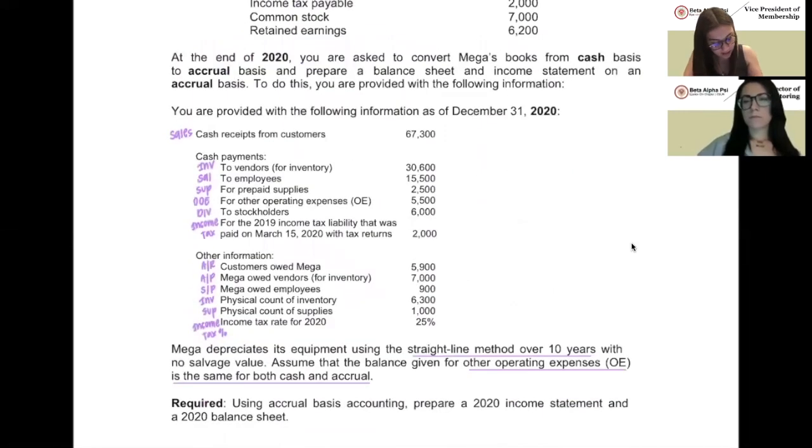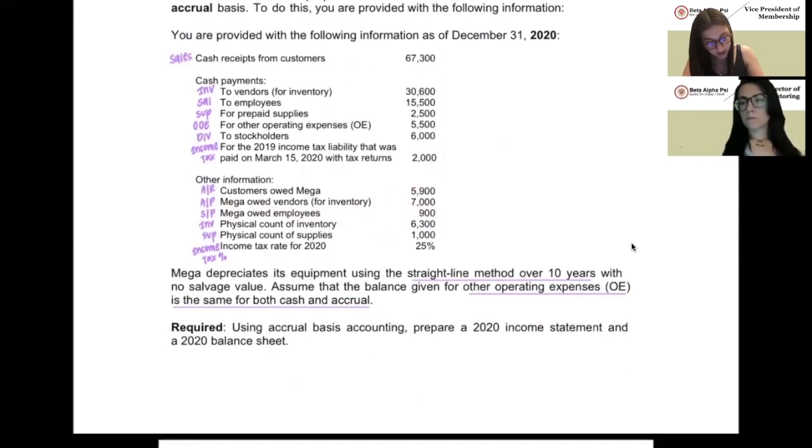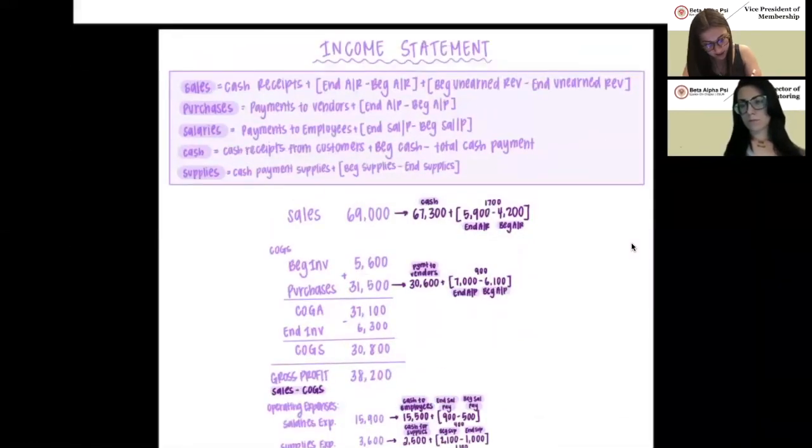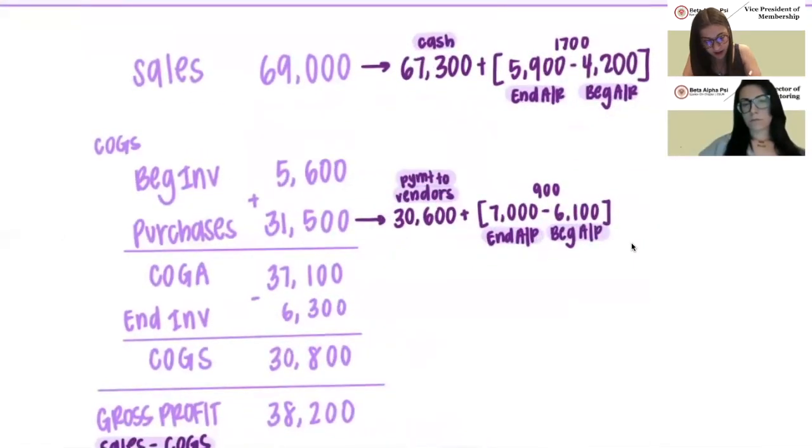And our ending accounts payable, which we labeled here, Mega owed to vendors for inventory, 7,000. So our ending is 7,000 and our beginning is 6,100. So we're going to add in an additional 900 to that cash payment to vendors, and we're going to get a total purchases of 31,500.